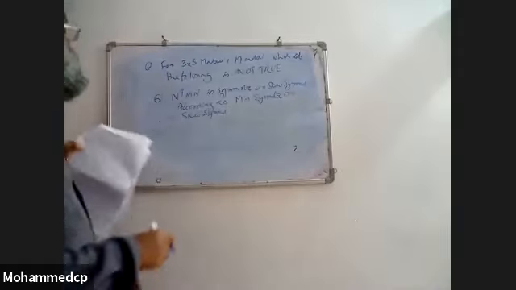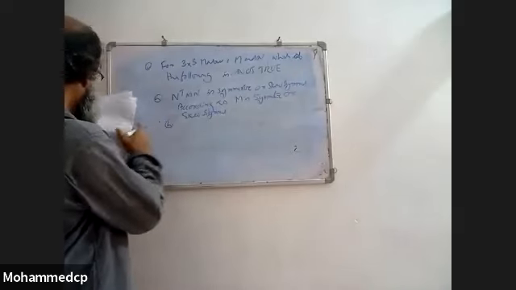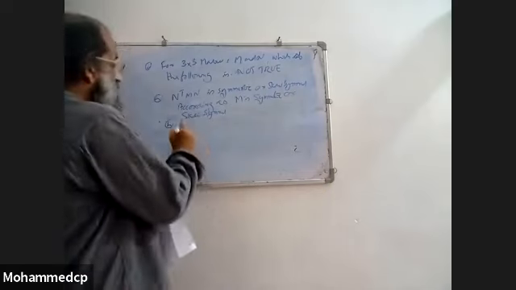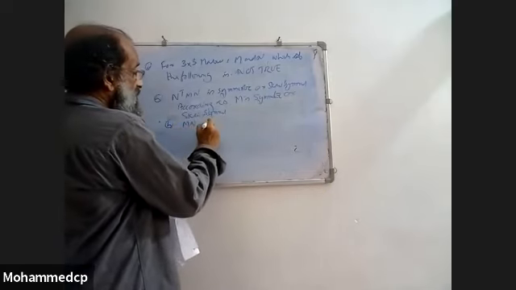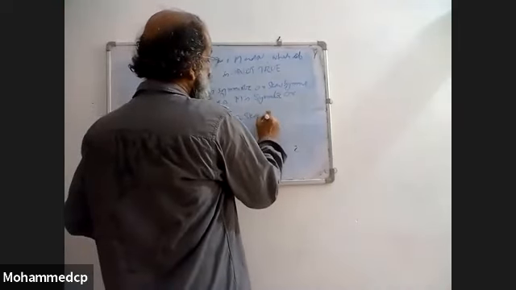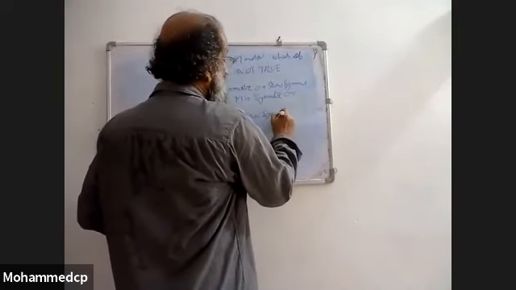Okay. B, Mn minus Nm is a skew symmetric matrix.